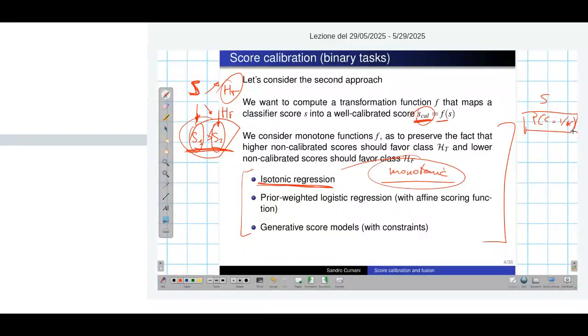So being well calibrated is a property that I can transfer from the score to the class posterior probability. And I can do the same backwards. If I have a model that produces well calibrated posterior probabilities, then from this I can construct well calibrated log likelihood ratios that adapt to different applications.